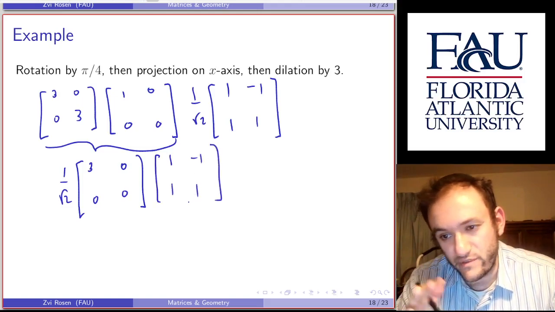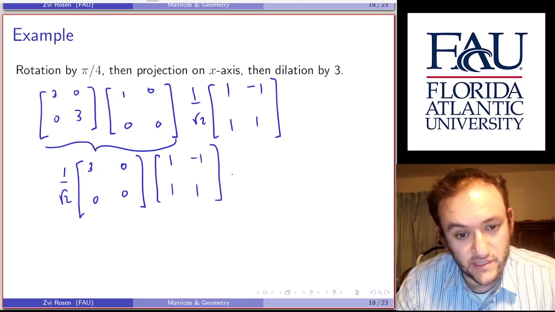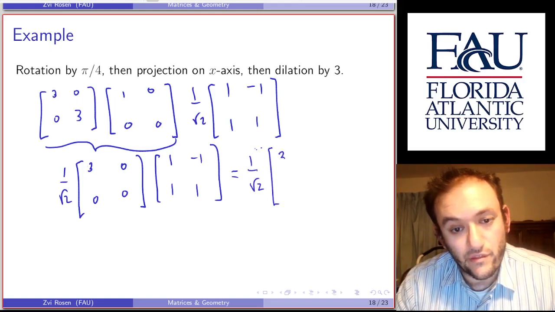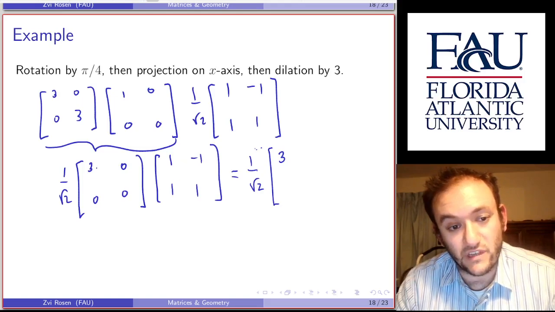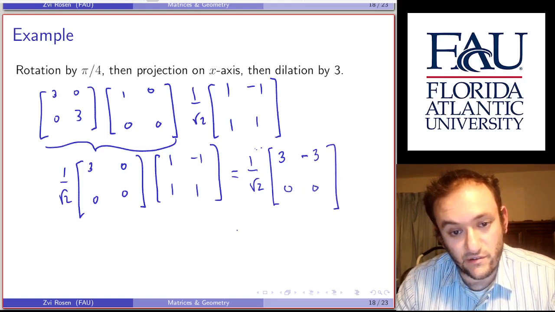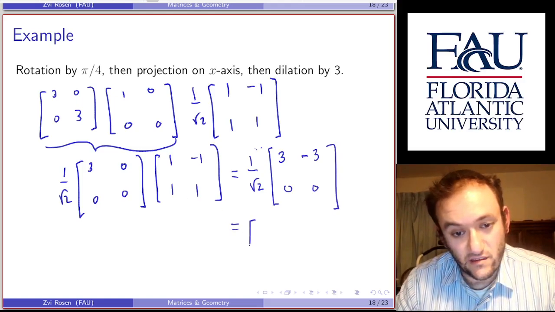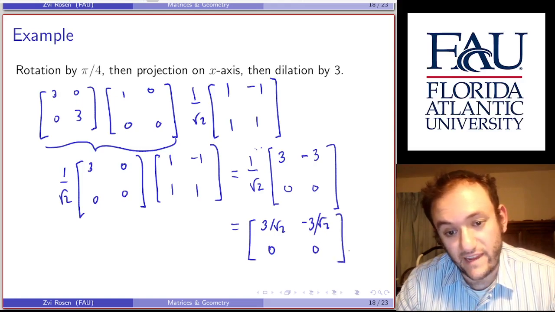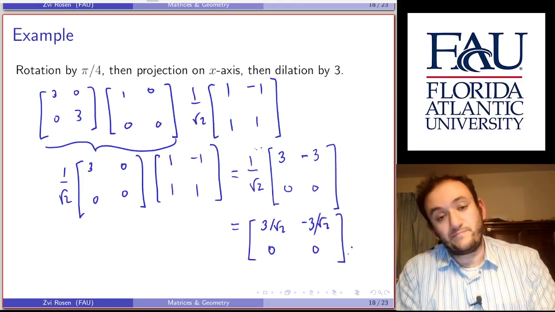So the scalar you can always move around. But let's do this matrix multiplication. We'll keep the 1 over square root of 2 out here. And then we have 3. That's the first row dotted first column. First row dot second column is minus 3. Second row, because it's going to be 0, it's just zeros. And so we get the matrix 3 over root 2, minus 3 over root 2, 0, 0. And that is the matrix for our transformation.